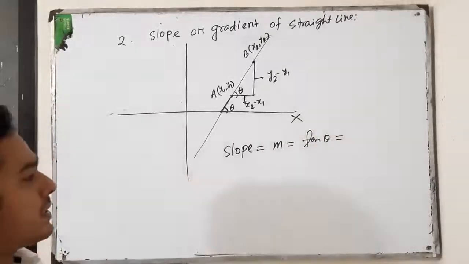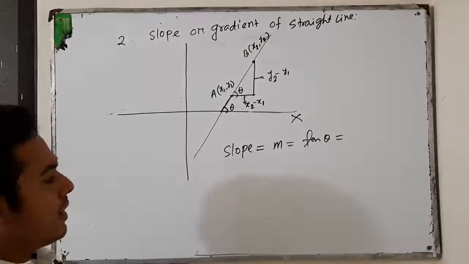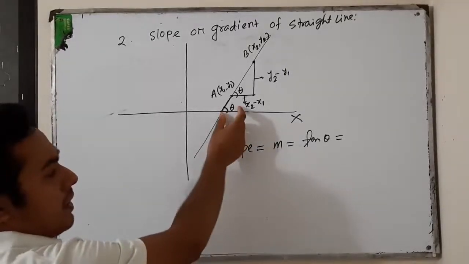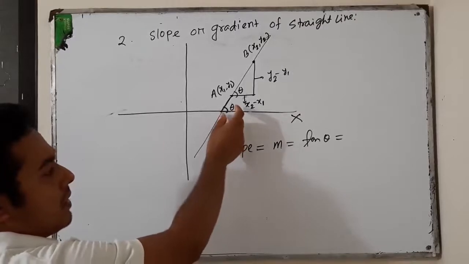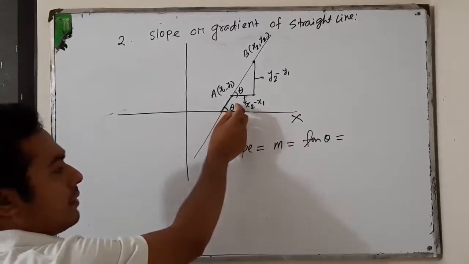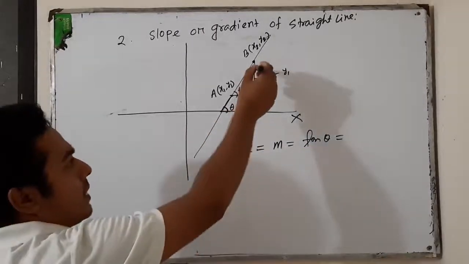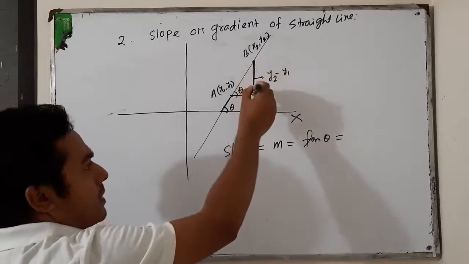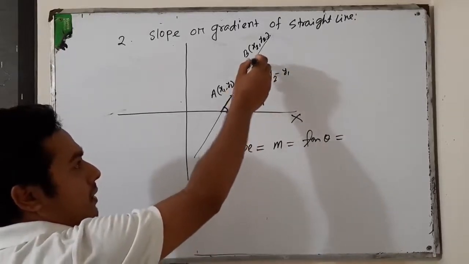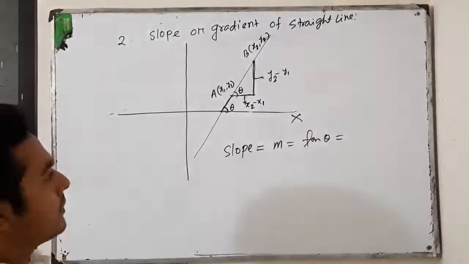The slope of a straight line we denote by n, but the value of n is the ratio tan theta, because we can measure this angle by tan theta, where this is the perpendicular and this is the base. This theta can be measured by the tangent ratio.